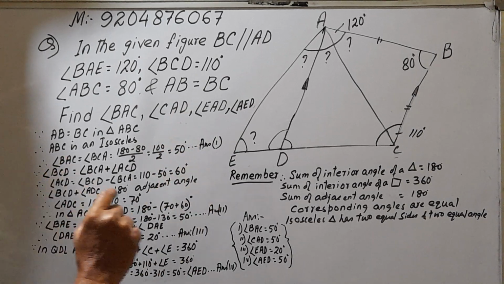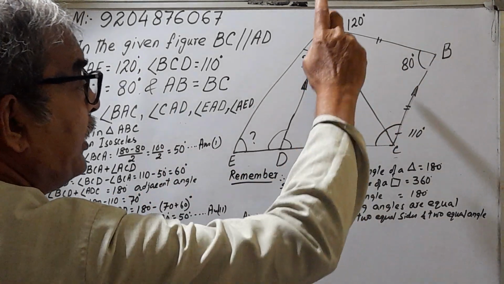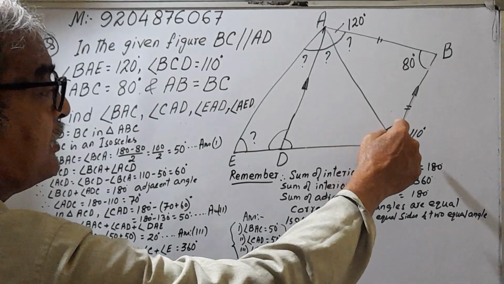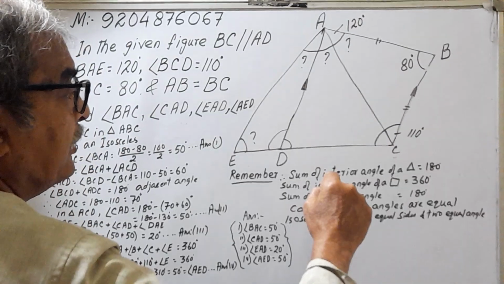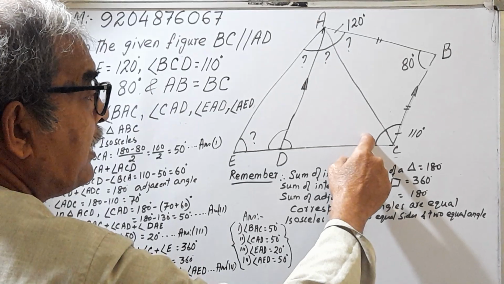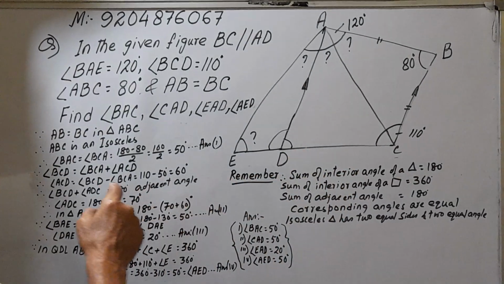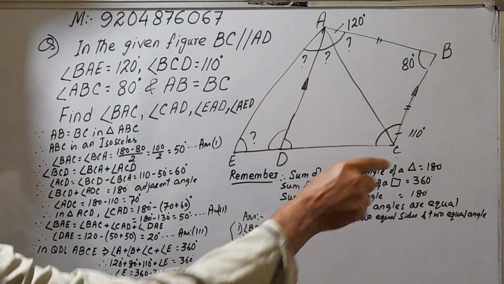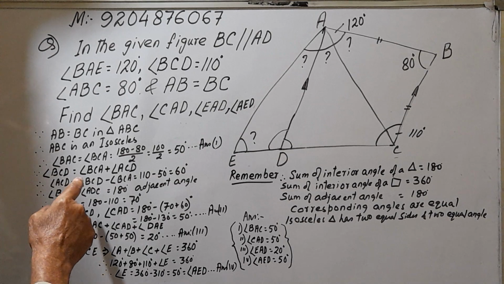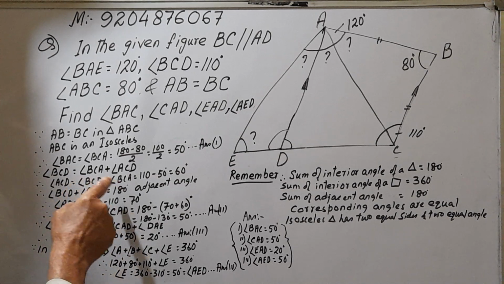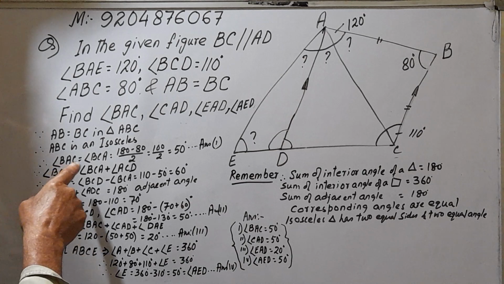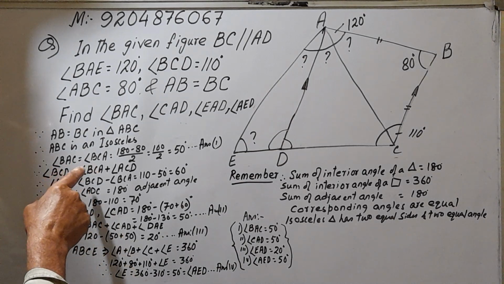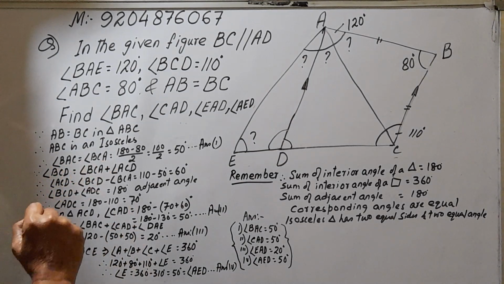Now angle BCD. See angle BCD. Since angle BCA is 50 degrees, this angle is 110 minus 50, that is 60 degrees. I have written here: angle ACD equals angle BCD minus angle BCA. Angle BCD equals angle BCA plus angle ACD.